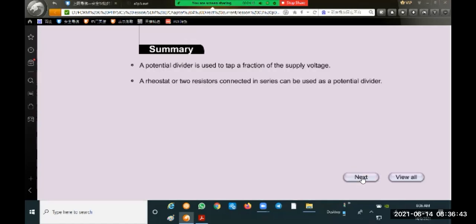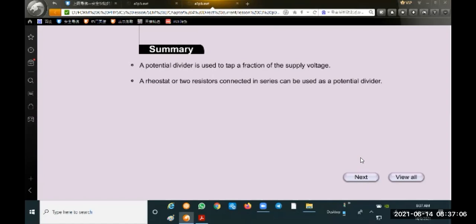As a conclusion, we can say that a divider is used to tap a fraction of the supply voltage. Okay, and a rheostat or 2 resistors connected in series can be used as a potential divider. What is meant by potential divider?